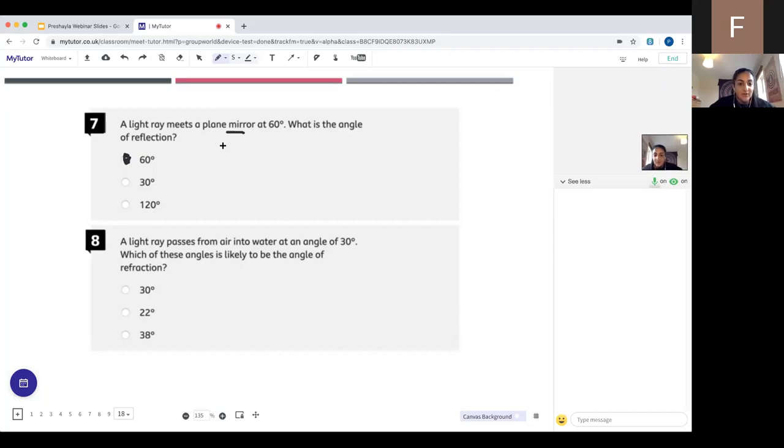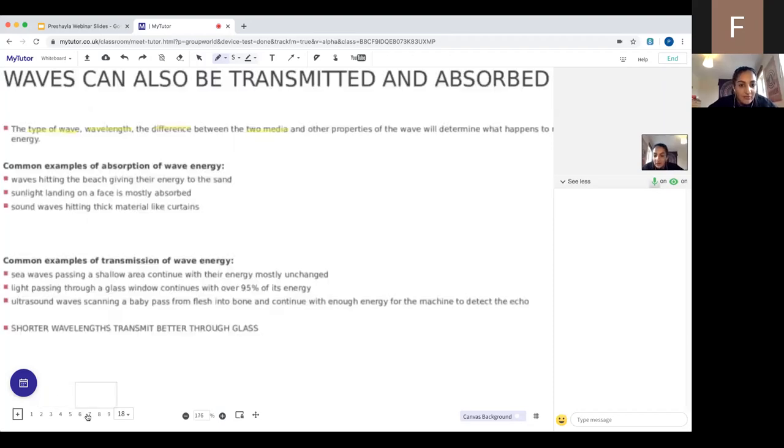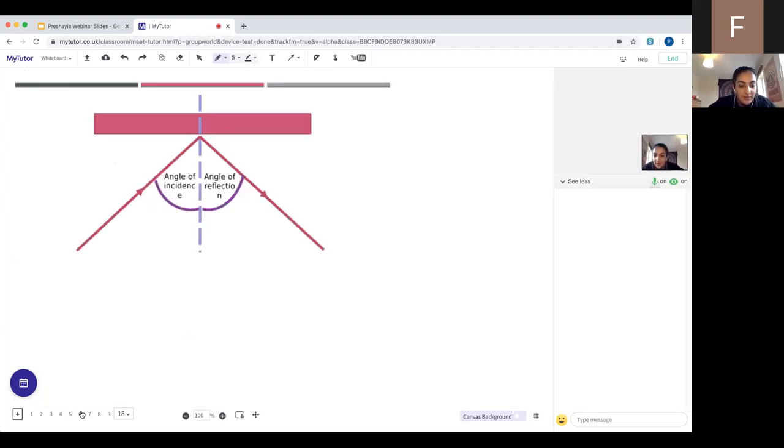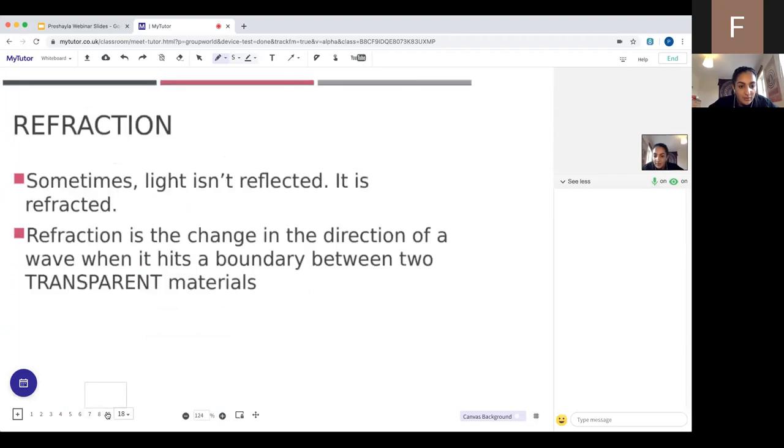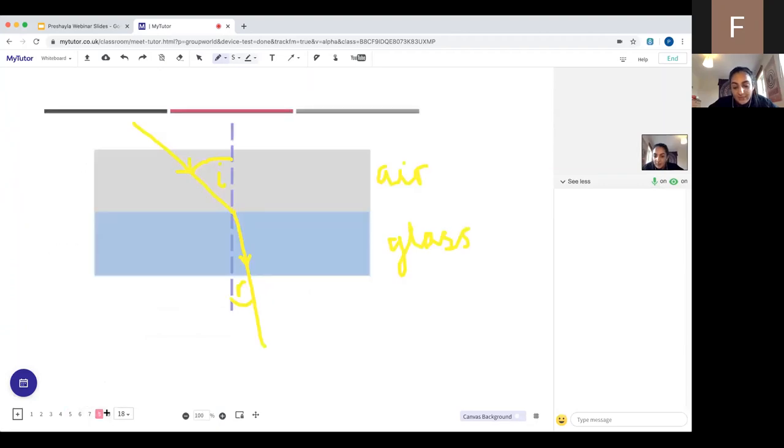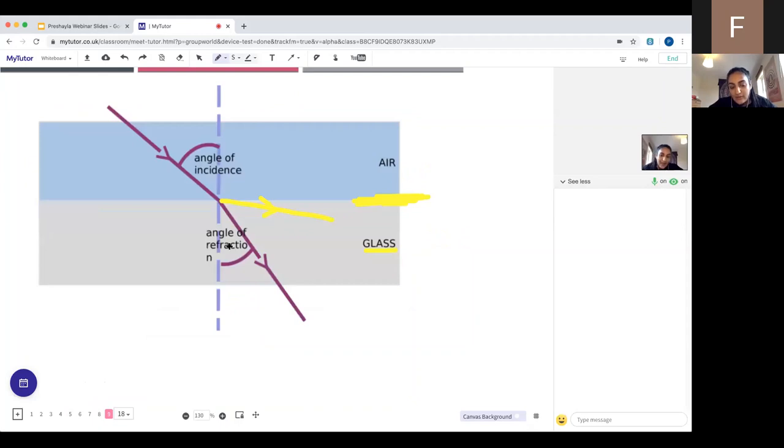If we think about our refraction diagram here, the angle of refraction is smaller than the angle of incidence because it goes towards the normal. If it was bigger, it would be going away from the normal.